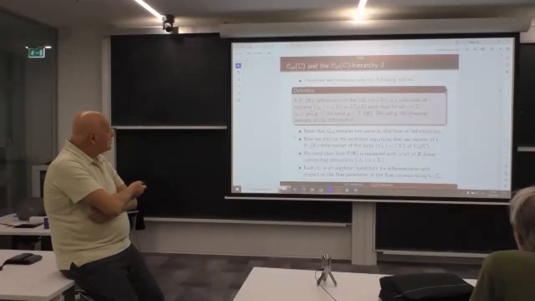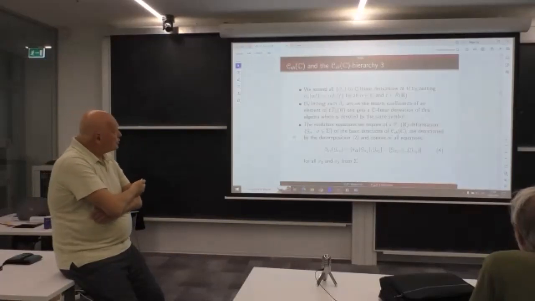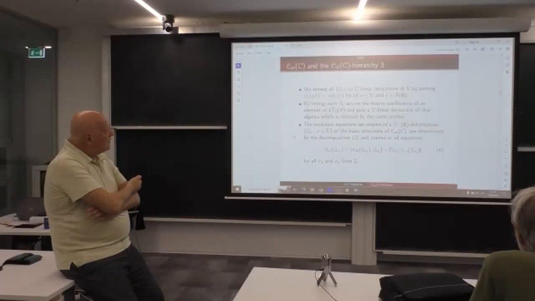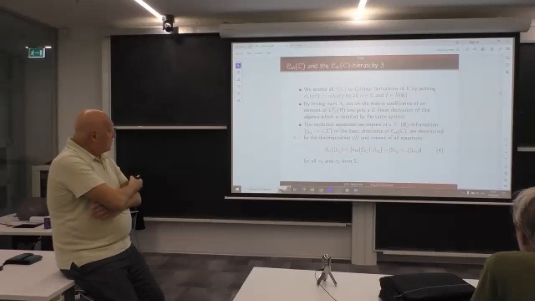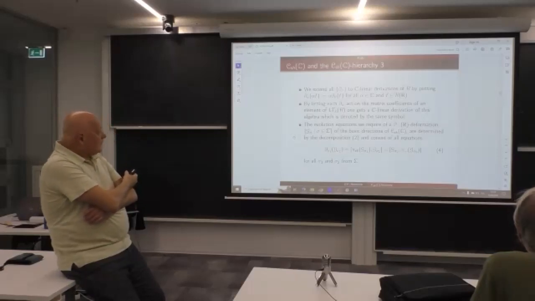All these partial sigma we extend to C-linear derivations of this bigger ring R by simply this definition. You can let partial sigma act on the matrix coefficient of each pseudo difference operator, and you get a C-linear derivation of this algebra.